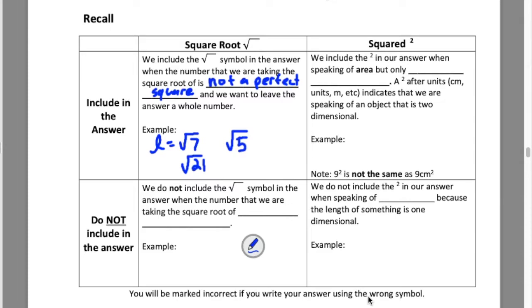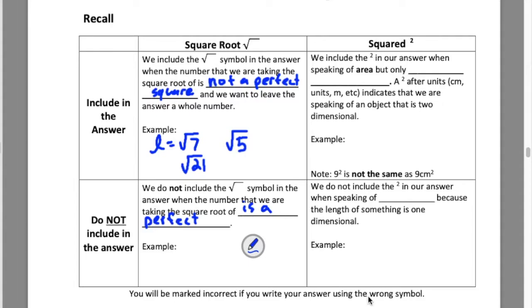Okay? We do not include the square root symbol in the answer when the number that we are taking the square root of is a perfect square. So if it is a perfect square, we will solve it and we will drop the square root symbol and we'll find the square root of that number.